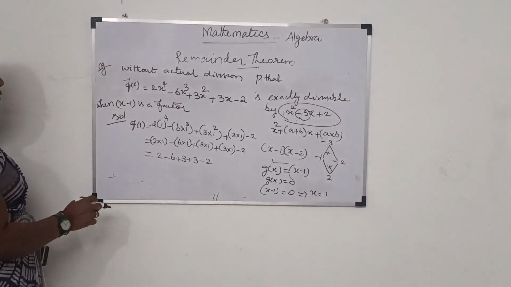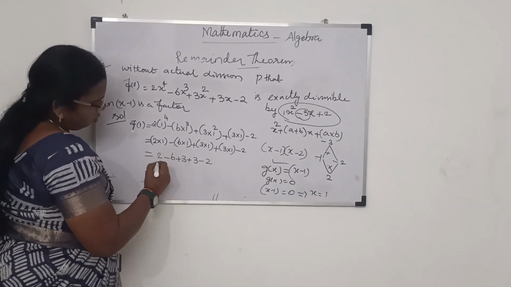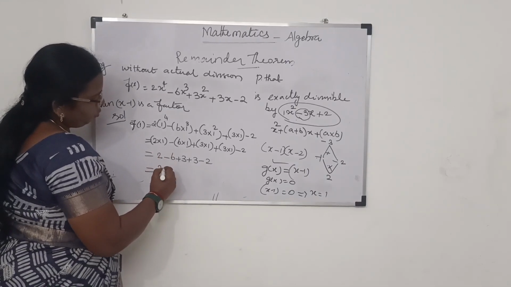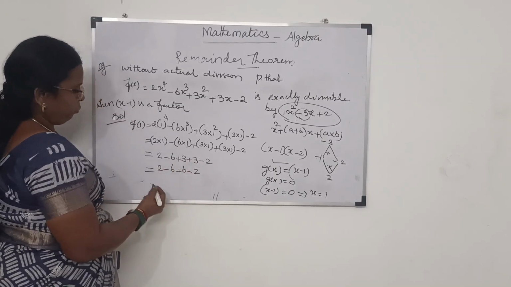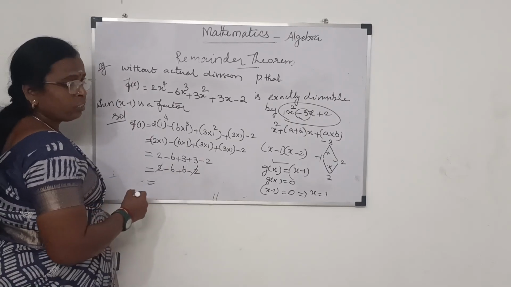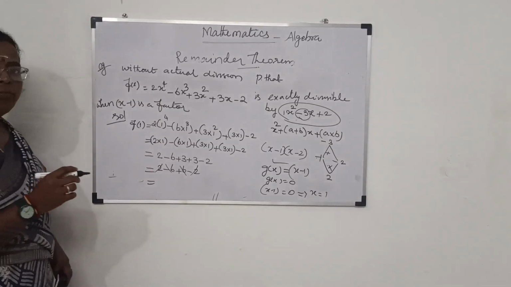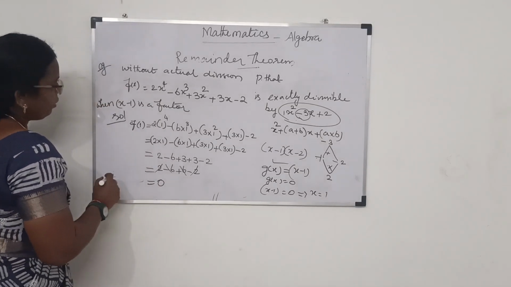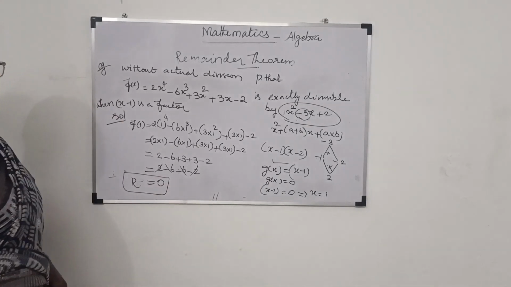So we have 2 minus 6 plus 3 plus 3 plus 6 minus 2. Plus 2 and minus 2 will be cancelled, and minus 6 and plus 6 will be cancelled. So automatically the remainder is equal to 0.